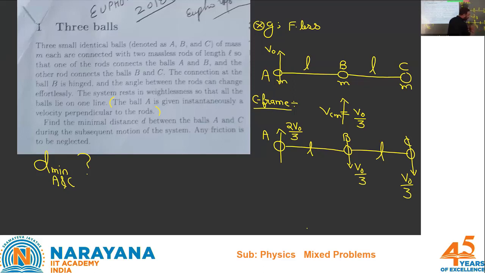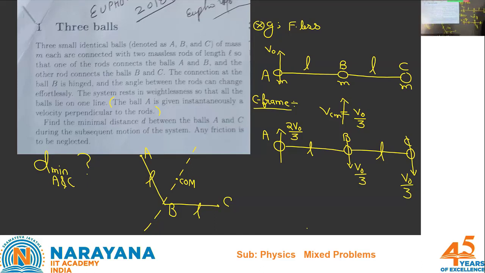These three can align themselves into some pattern where I've got B somewhere, a position of A somewhere, and a position of C somewhere. These are the rods of length L, something of this sort. This may not be 90 degrees, it can have some orientation. This is the line of symmetry of this problem. So the center of mass is lying on this line, but it keeps on moving on a straight line also.